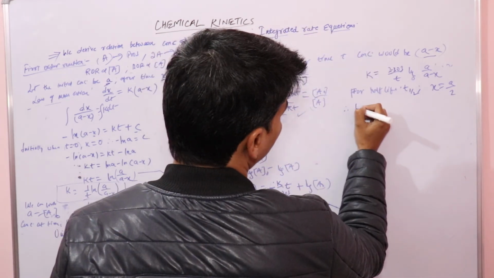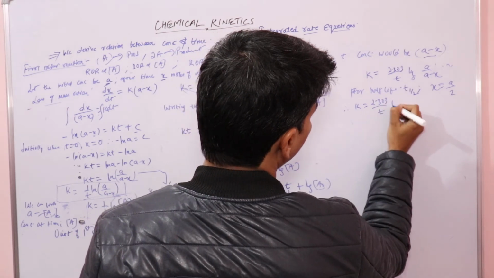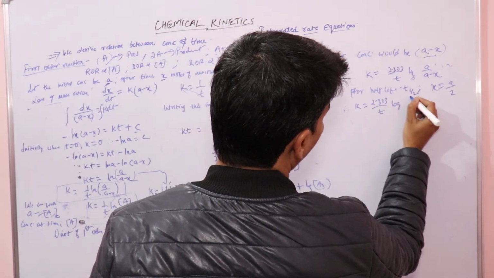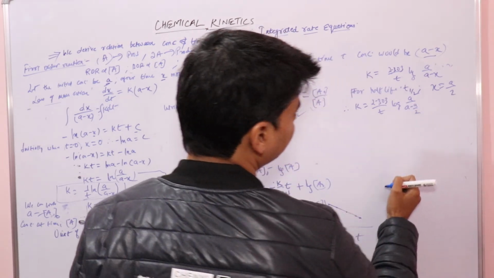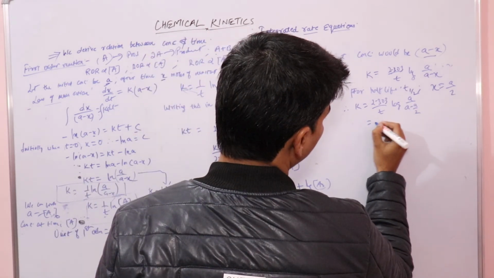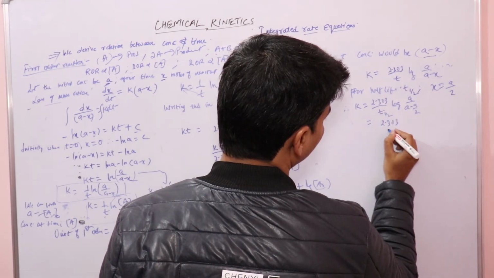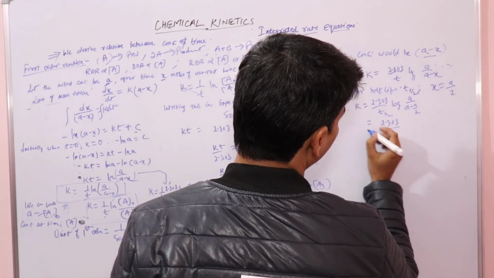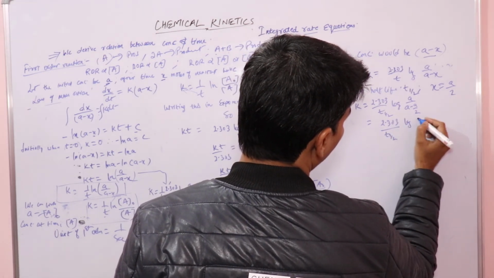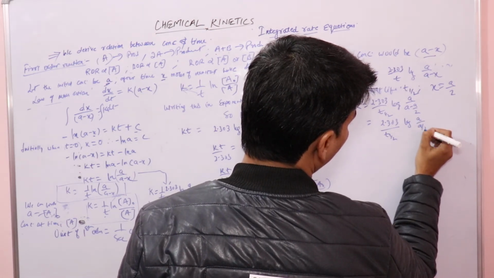Therefore k = 2.303 upon t half log a upon (a minus a by 2), right? This would be 2.303 upon t half log a upon a by 2.